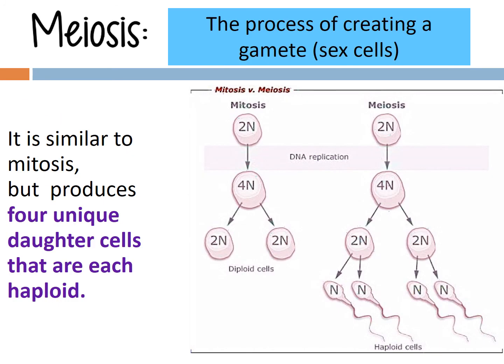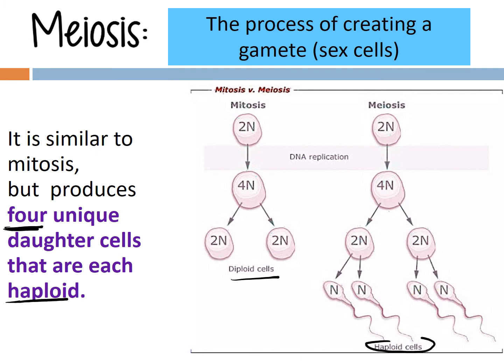All right, so meiosis is similar to mitosis, but it produces 4 unique daughter cells. 4 unique daughter cells, and each of them are haploid. So here is mitosis. You go through the stages, boom, 2N, diploid. You go through the stages, separate, you go through the stages again, you separate.